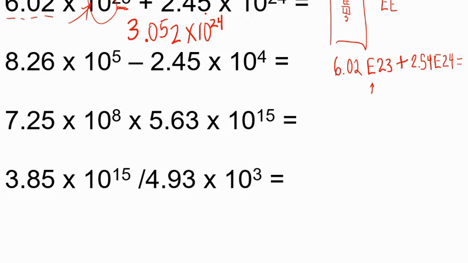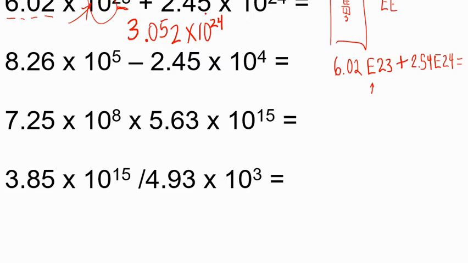So 6.02. And then this is your second key right there. And see how that's in the blue? It's in the same color. That's your E, 23 plus 2.45. So just 6.02.